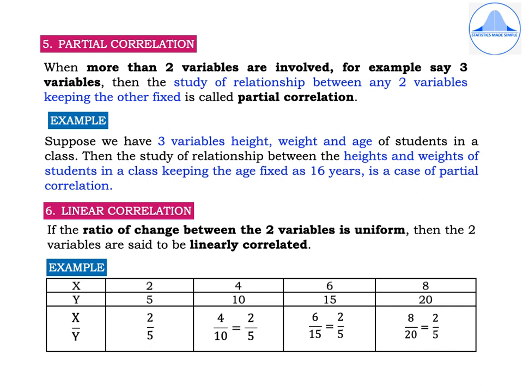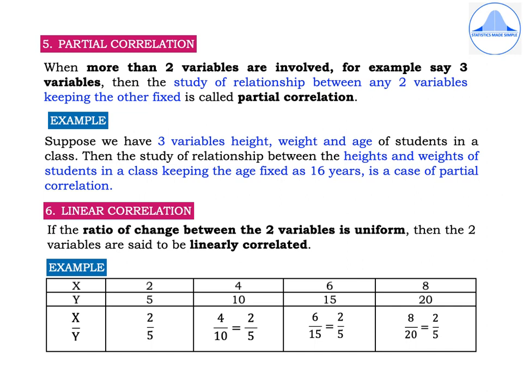The sixth one is linear correlation. If the ratio of change between the two variables is uniform or the same, then the two variables are said to be linearly correlated. Let's take an example of a table where you have two columns x and y, and the values for x and y are 2, 4, 6, 8 and 5, 10, 15, 20 respectively.